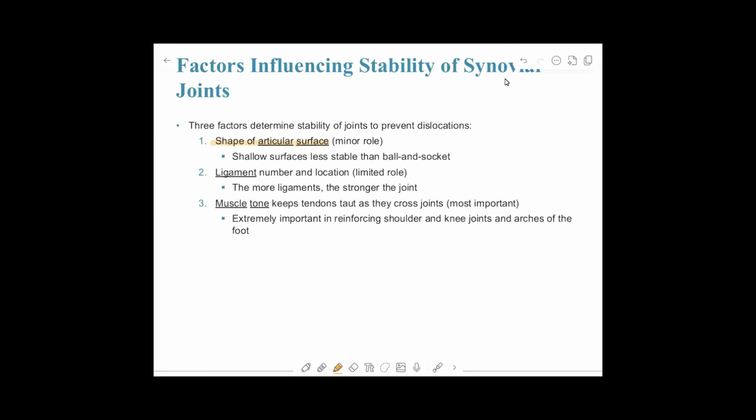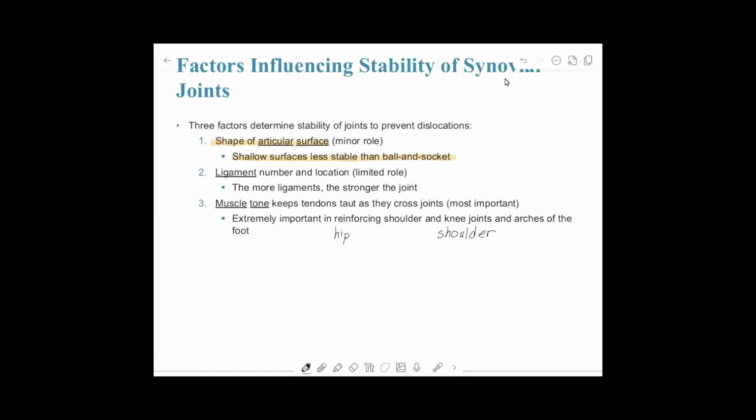What that essentially means is the more shallow the surface, the less stable it is as a ball and socket joint. And when we discuss these, we're going to talk about the two ball and socket joints. So we're going to consider the hip joint versus the shoulder joint.